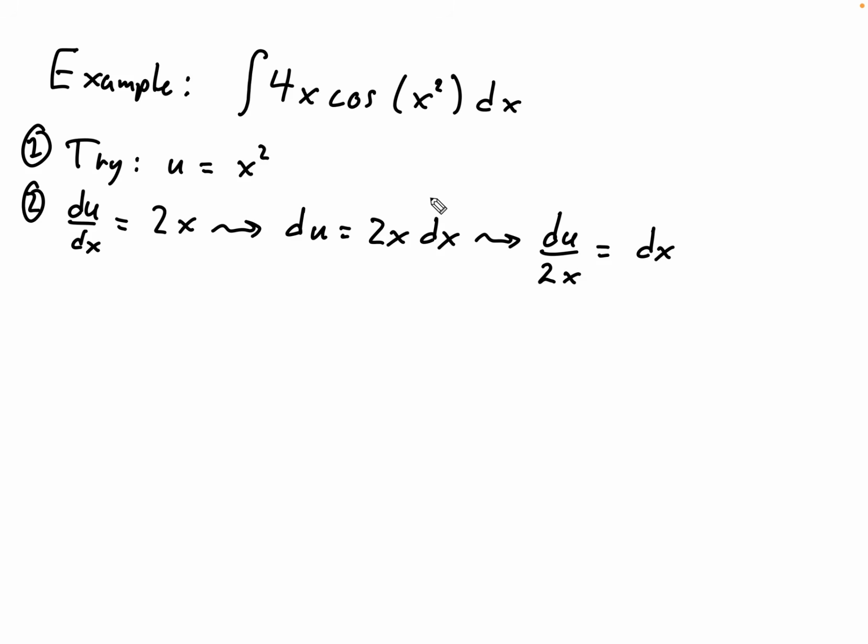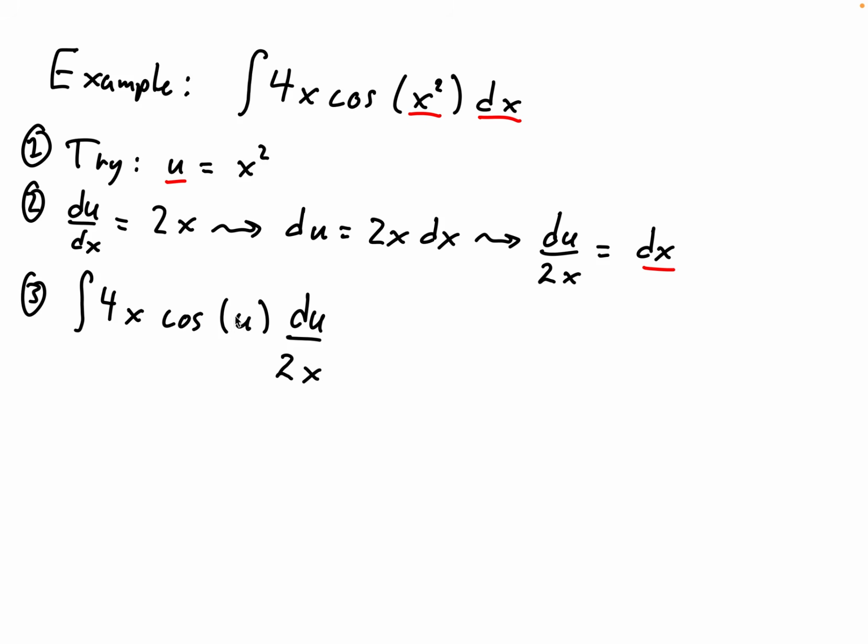Now we're ready to make the substitution. We have u equals x squared, and we have dx, and we're going to substitute our expressions into the integral. So we have the integral of 4x times the cosine of u instead of x squared, and then instead of dx, we write du divided by 2x.